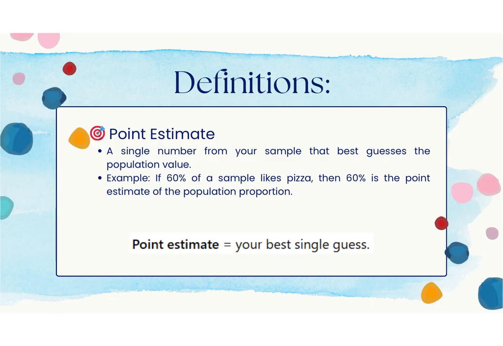For example, if 60% of a sample likes pizza, then 60% is that point estimate. In generic words, we could think of the point estimate as being your best single guess.